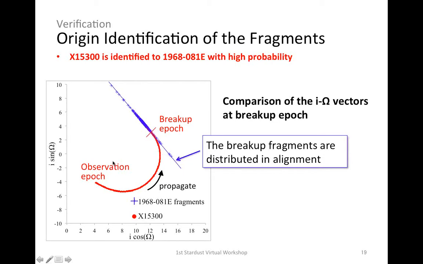Blue cross-shaped points are the vectors of the breakup fragments at the breakup epoch. The breakup fragments have a special characteristic of being distributed in alignment. We can verify the origin of the fragments by judging whether the propagated orbit is on this line or not. In this case, the orbit is just on the line.